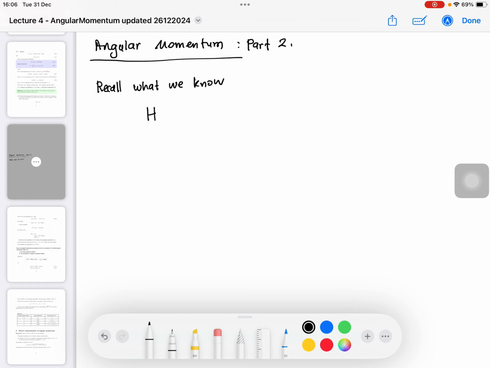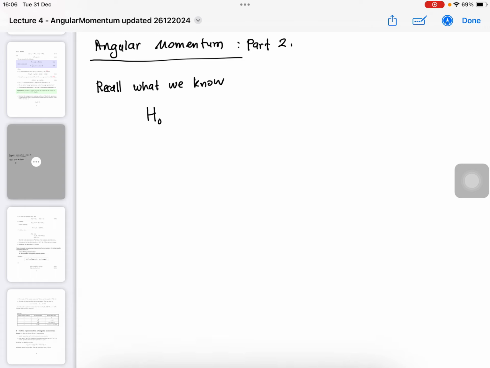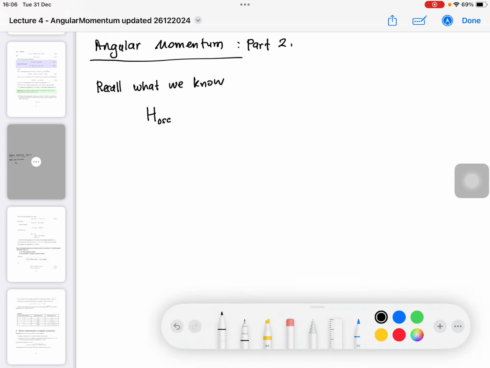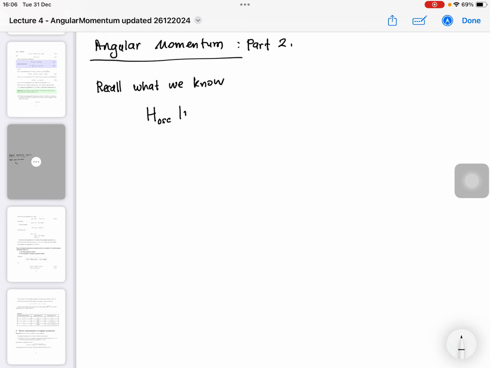If we have a Hamiltonian, here for the case of the harmonic oscillator, acting on a ket n, we get the energy E_n. For the harmonic oscillator specifically, this is (n plus 1/2) times h bar omega, acting on n.